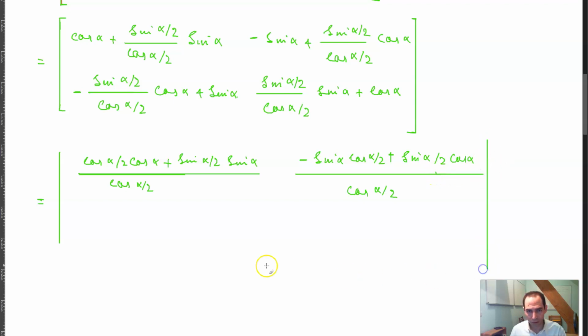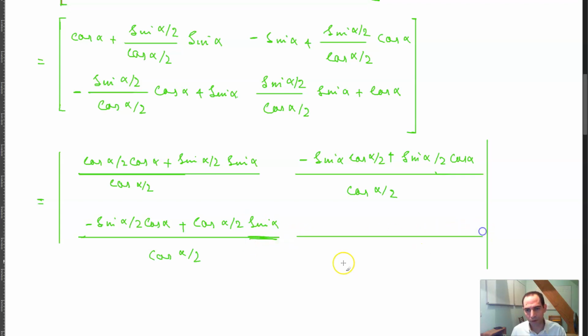And then over here I have basically denominator cos of alpha by 2. So you have negative sine alpha by 2 cos alpha plus cos of alpha by 2 sine alpha.